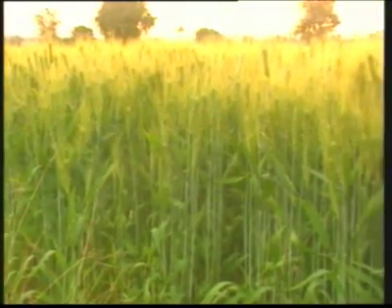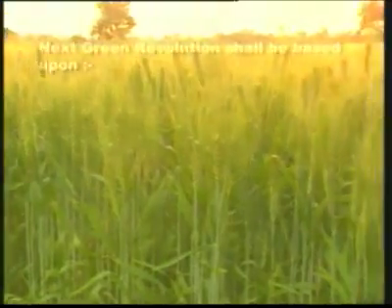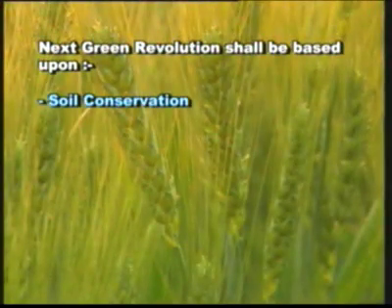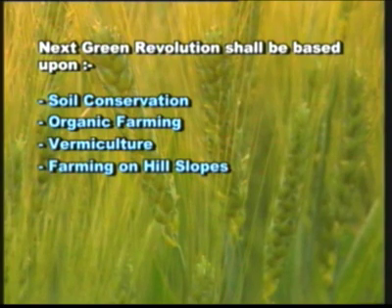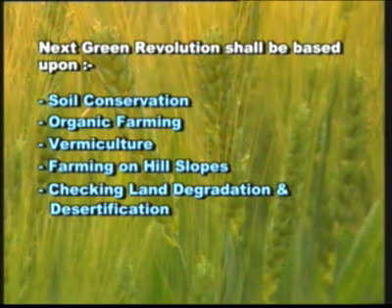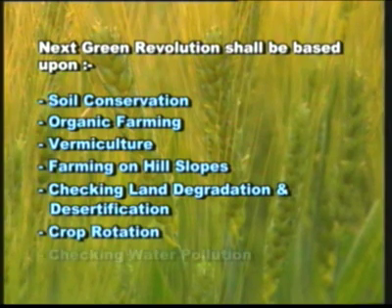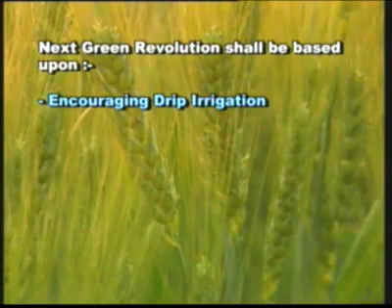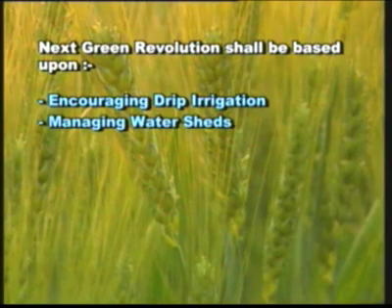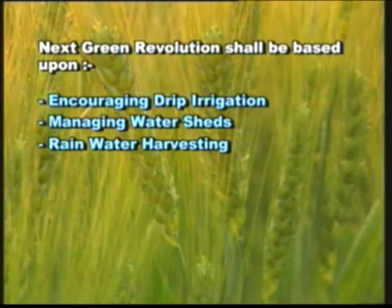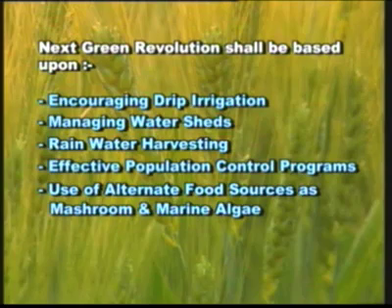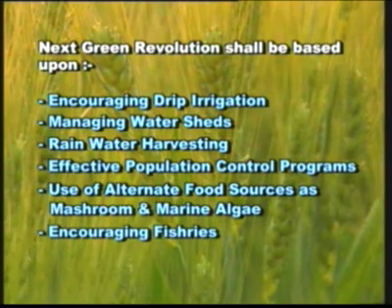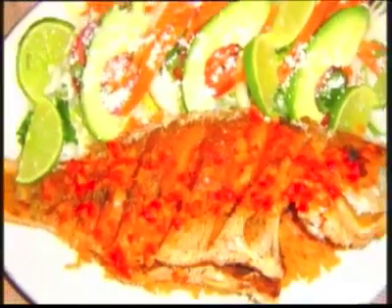The world needs a second green revolution which shall be based upon soil conservation, organic farming, vermiculture, farming on hill slopes, checking land degradation and desertification, crop rotation, checking water pollution, encouraging drip irrigation, managing watersheds, rainwater harvesting, effective population control programs, use of alternative food sources such as mushroom and marine algae, encouraging fisheries because fish is an important source of protein and fats.